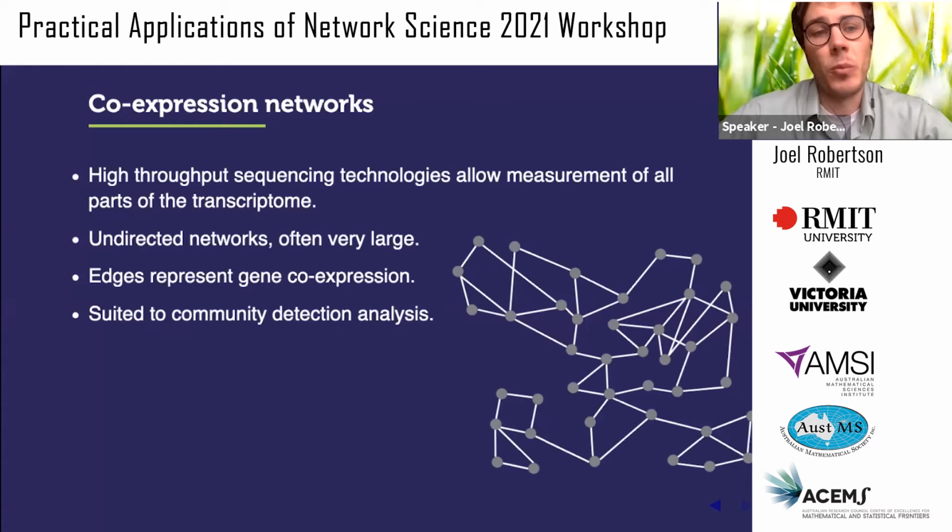One popular approach is to look at your transcript expression data in the form of a co-expression network. A co-expression network is comparatively very large often, and you may have thousands or tens of thousands of nodes which correspond to the transcripts, and the nodes are connected by edges that represent their co-expression in the data. So it's completely derived from the data, and these edges are undirected.